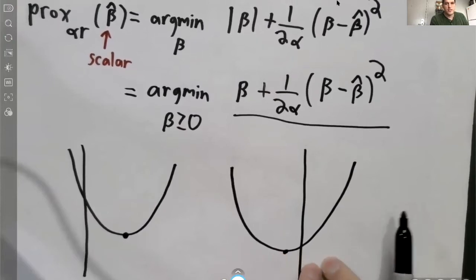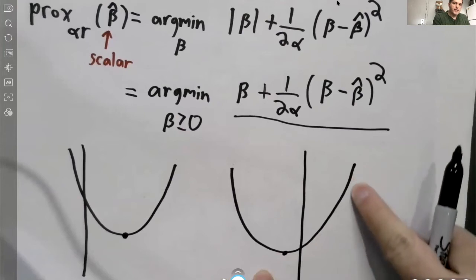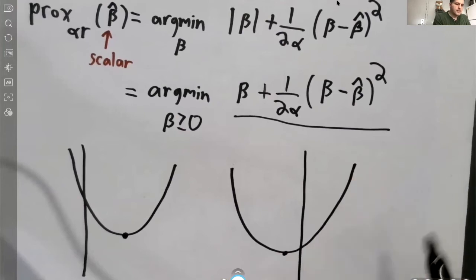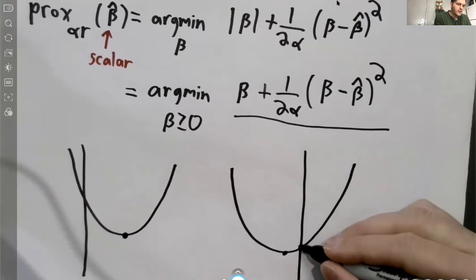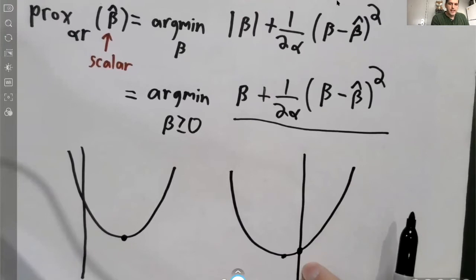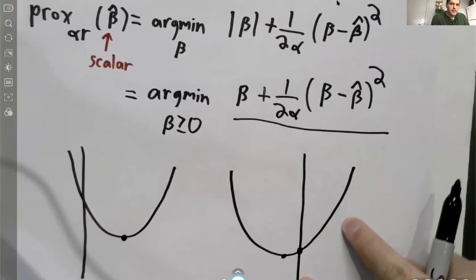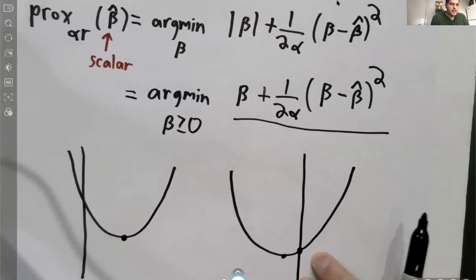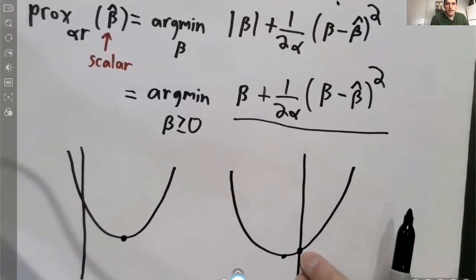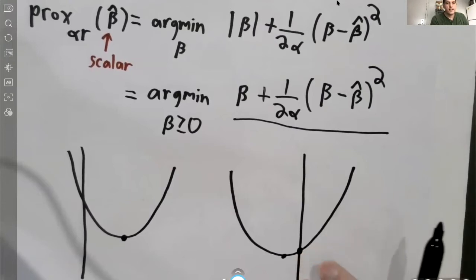And looking at this graph, the best value of beta in this second situation is just beta equals 0, because when we look at non-negative values of beta, the smallest value that this quadratic function ever achieves happens here where beta is equal to 0. It happens when this quadratic function intersects the vertical axis.